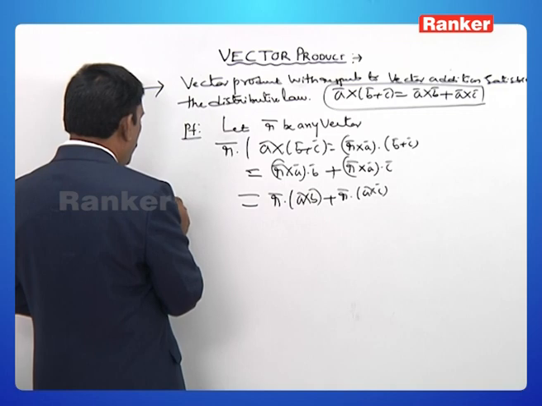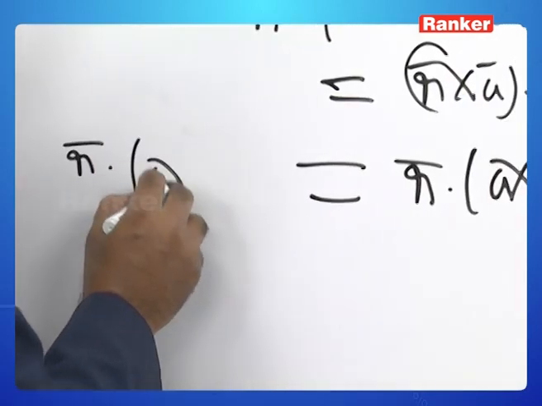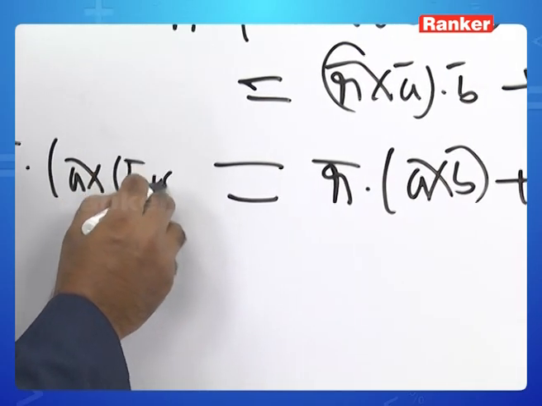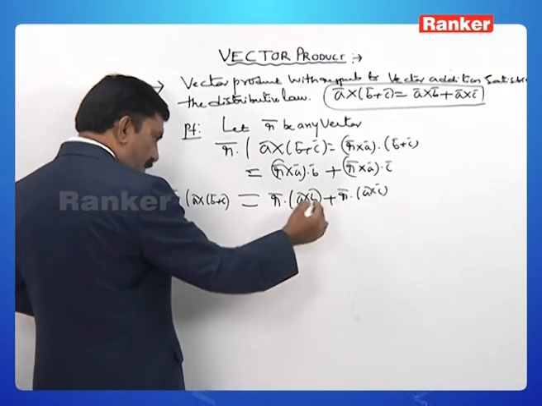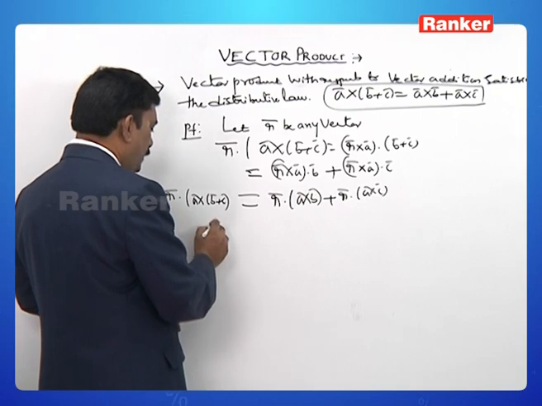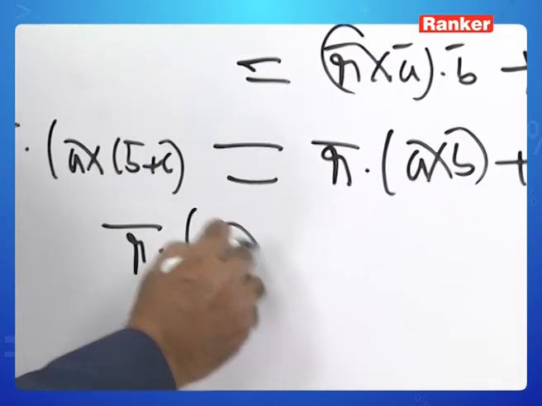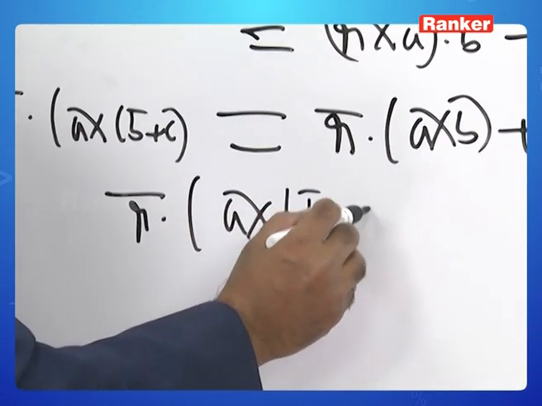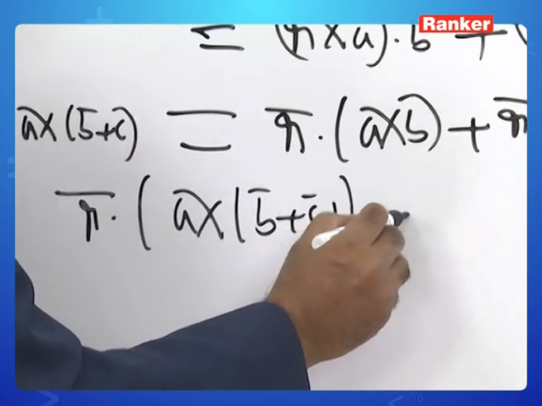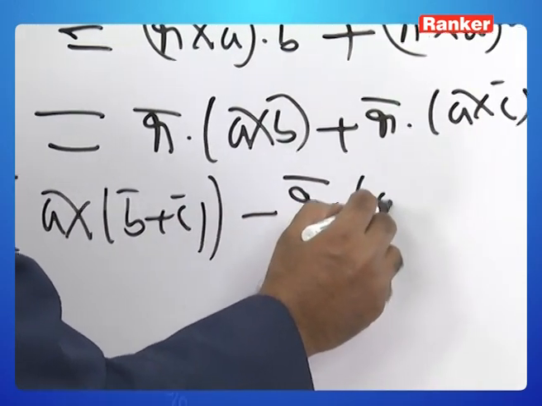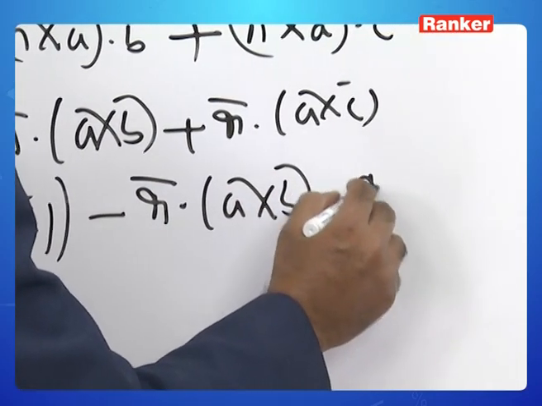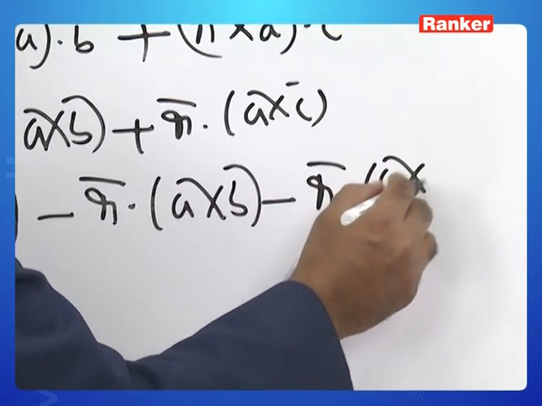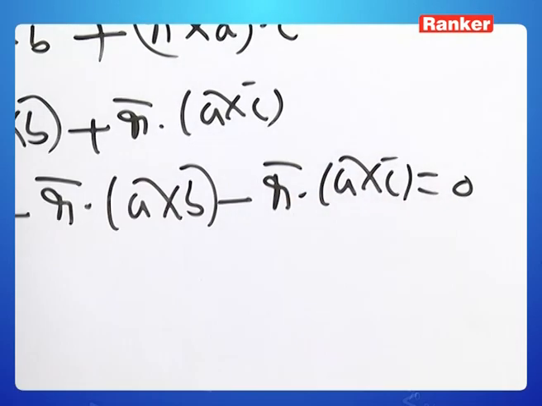Now, r bar dot of a bar cross of b bar plus c bar is equal to this. Take it to the LHS. Therefore, r bar dot of a bar cross of b bar plus c bar minus r bar dot of a bar cross b bar minus r bar dot of a bar cross c bar is equal to 0.